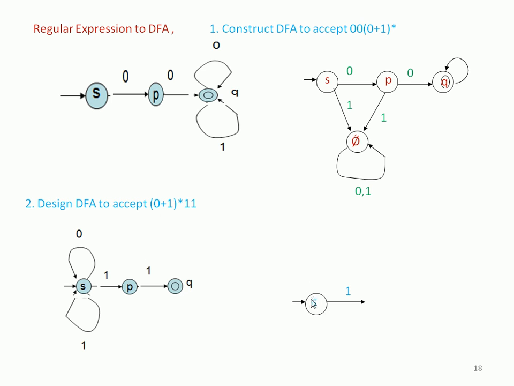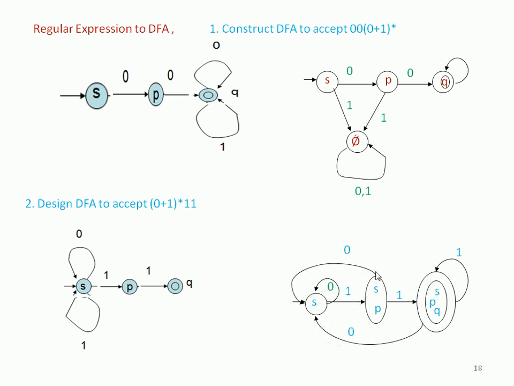We can elaborate this further: on 0 1 it will go to the p state. On 0 it will remain in the same state, 1 will go to the sp state. Then 1 will take it to the spq state, and spq is the final state, and then 1 1, right? So 1 1, (0 + 1)*, 1 1. So we can have that.